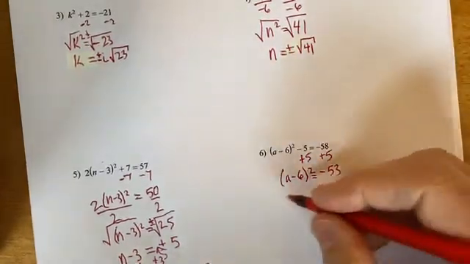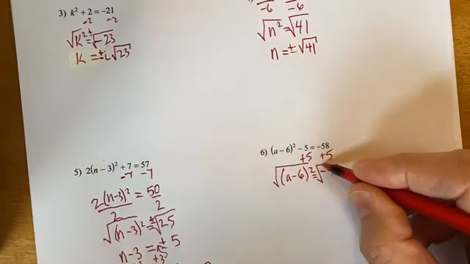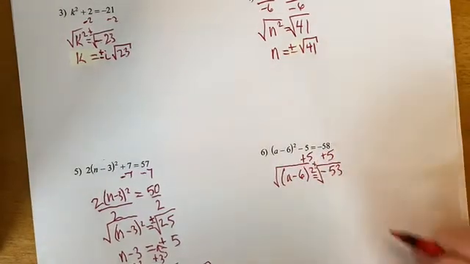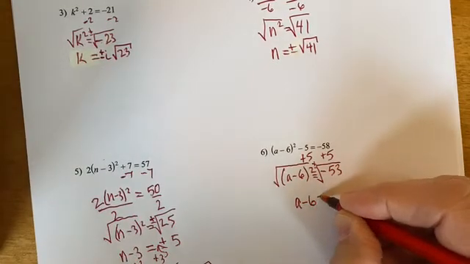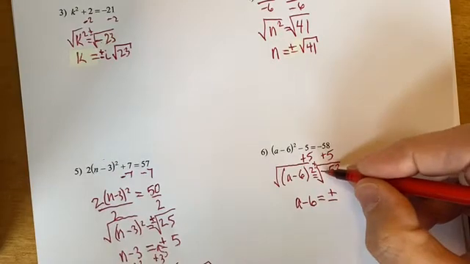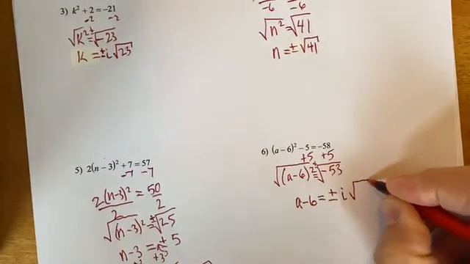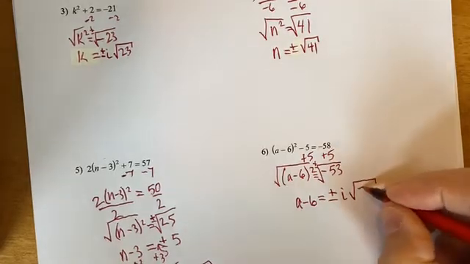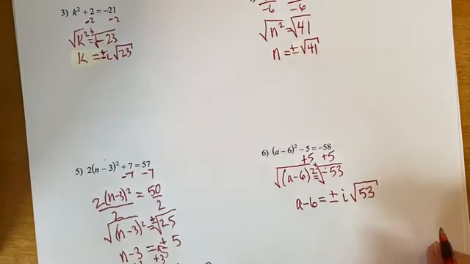You square root both sides. Don't forget the plus or minus. And you get a minus 6 equals plus or minus. Since it's negative, you're going to take an i out. But when you take an i out, it's no longer negative underneath the radical.